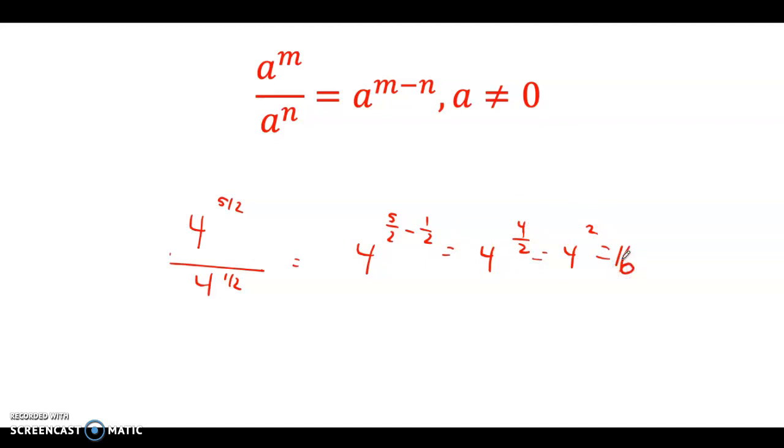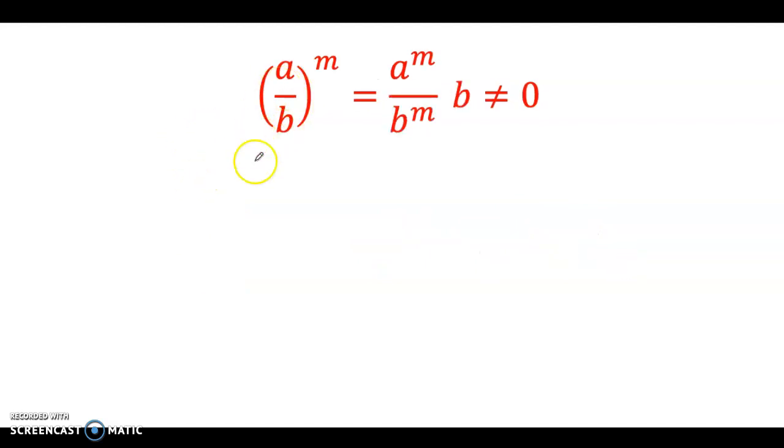And the last property is when you have a power raised to the exponent, so a over b raised to the m, and again, this has to be a monomial. It's a to the m over b to the m. So an example of that is 27 over 64 raised to the 1/3.